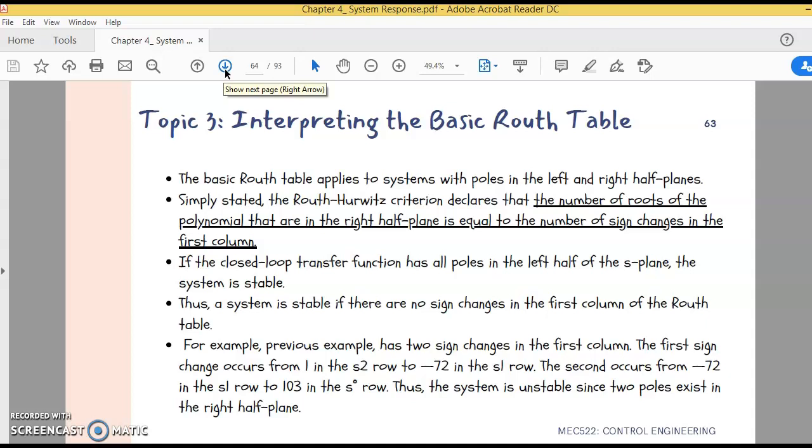Okay, so maksudnya, a system is stable if there are no sign changes in the first column of the root table. Okay. So, for the previous example, dia kata has two sign changes in the first column. Okay, so meaning that the system is unstable since two poles exist in the right half plane.